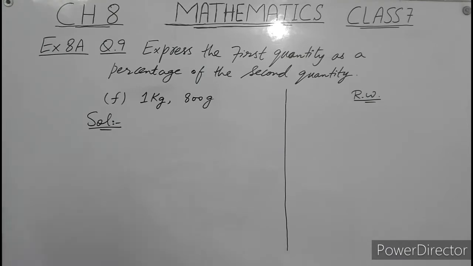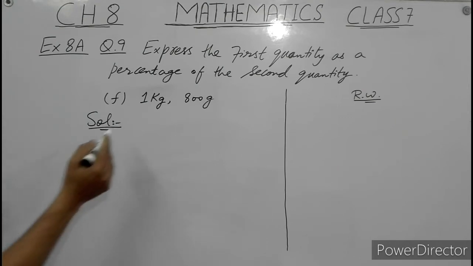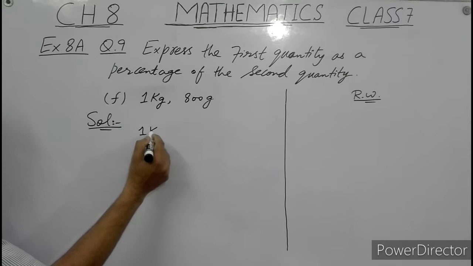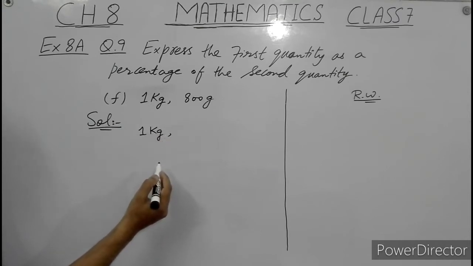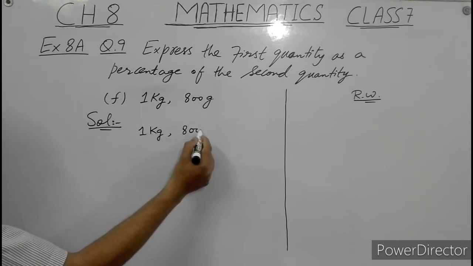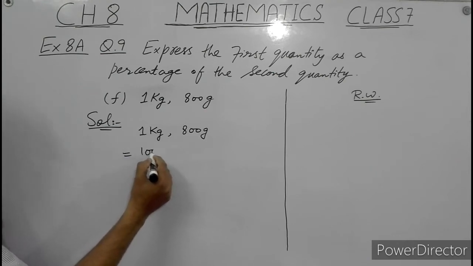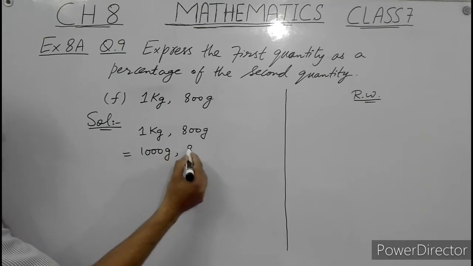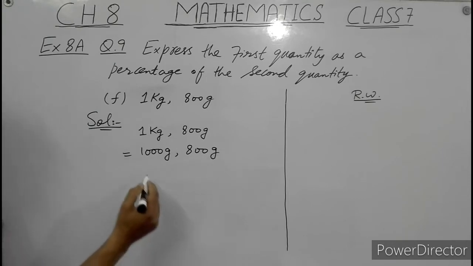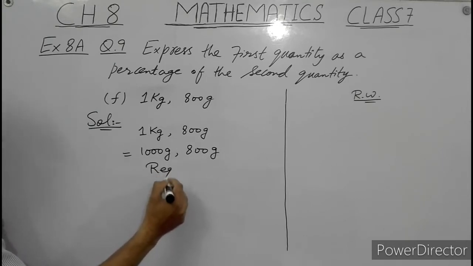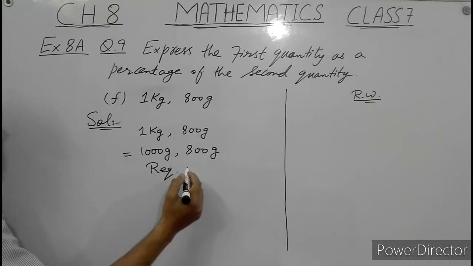Now I do F part. The question is similar to the previous part. Express the first quantity as a percentage of the second quantity. The first step is to make the units the same. 1 kg will become 1000 grams. Now units are the same, we can form a percentage.